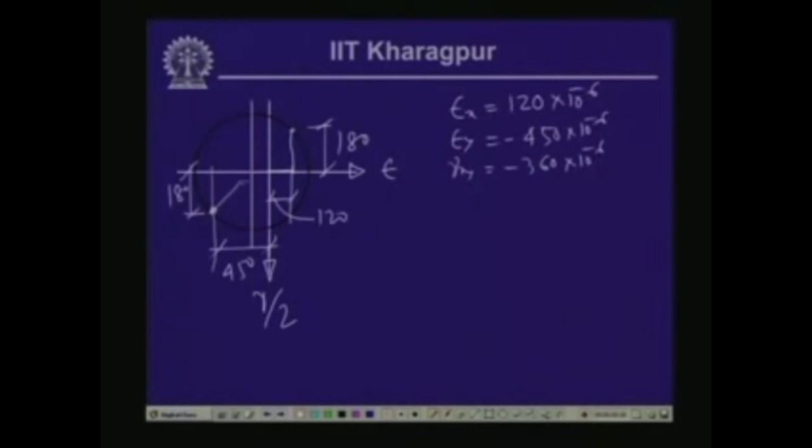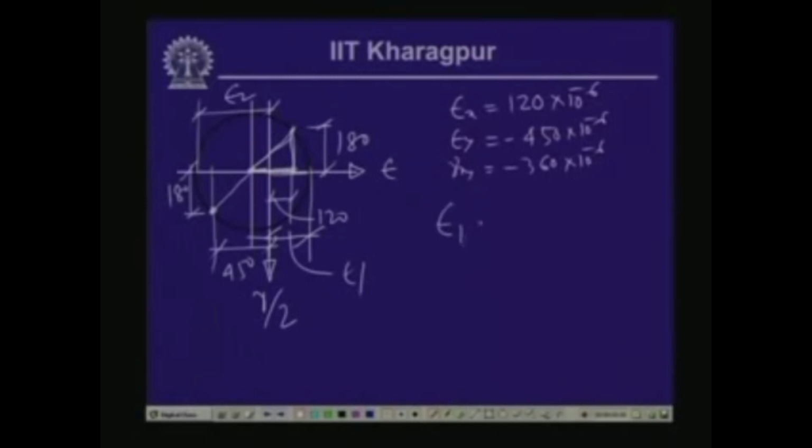Now, if we join them and plot the circle, this will give us epsilon 1 and this is epsilon 2. So we can compute the value of the principal strain, because the radius equals the root of this square plus this square, and the principal strain is the distance from the center to this point plus the radius, which gives us epsilon 1 and epsilon 2.